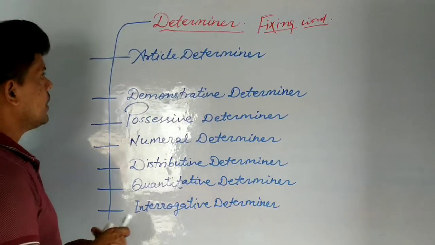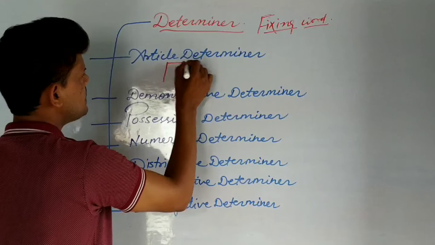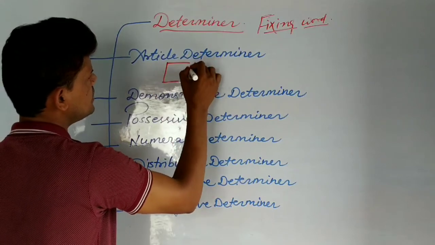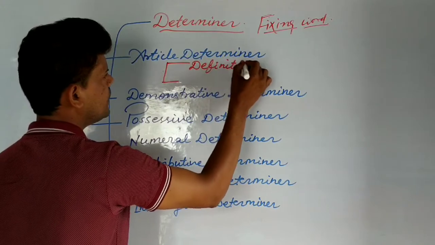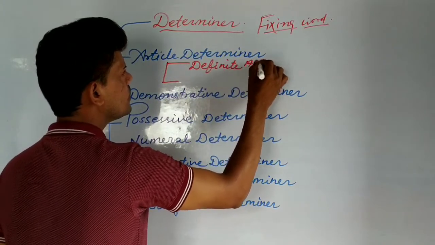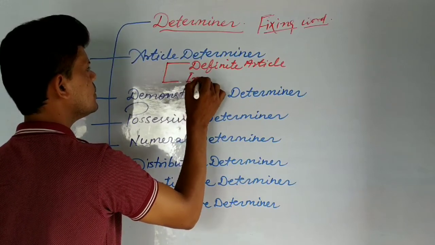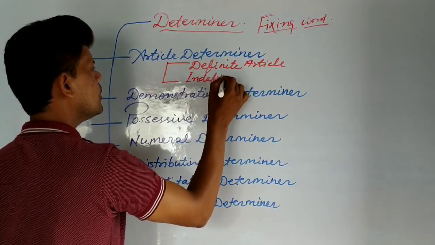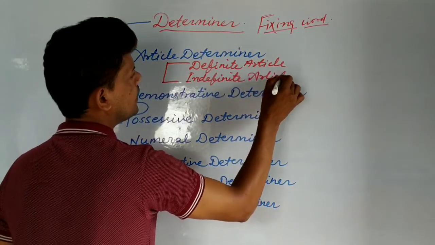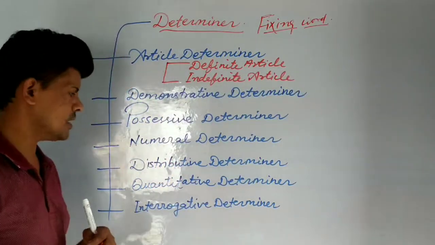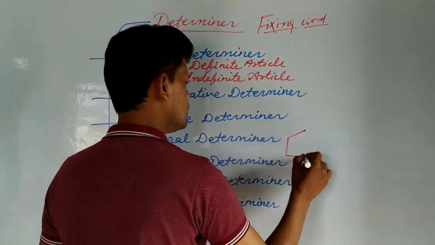Okay? Article determiner. There are 2 types of article determiner. First is definite article and second is indefinite article. Like that, numeral determiner also has 2 types.